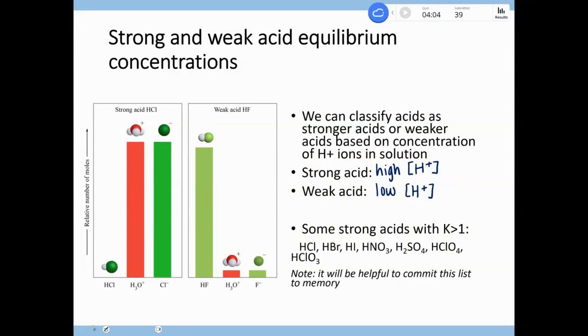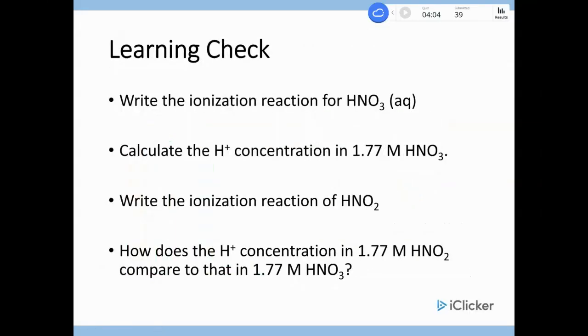Okay, let's go to this question here, this learning check. So first you'll write the ionization reaction for HNO3. Then determine the H plus concentration in 1.77 molar HNO3. Then write the ionization reaction of HNO2, and then consider how the H plus concentration in 1.77 molar HNO2 compares to H plus in 1.77 molar HNO3.